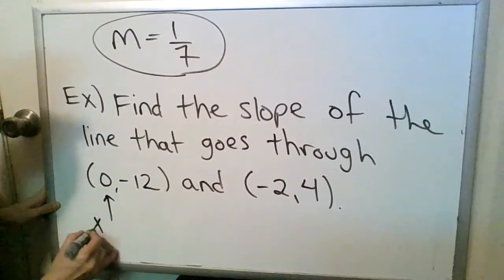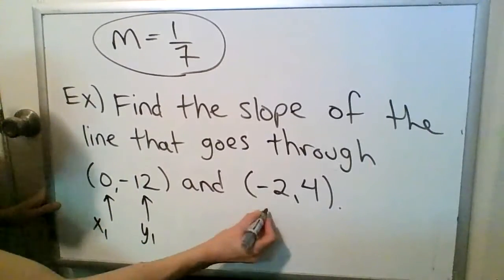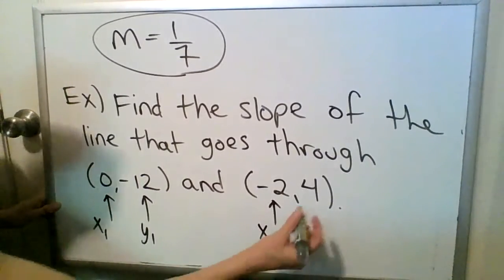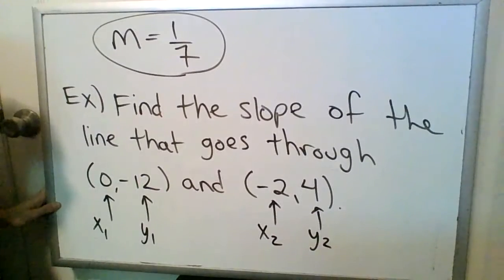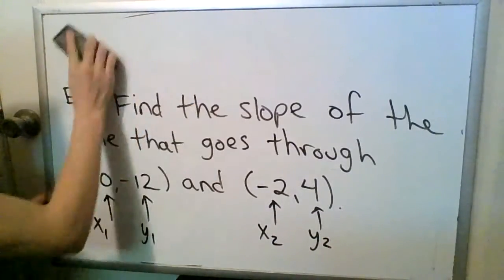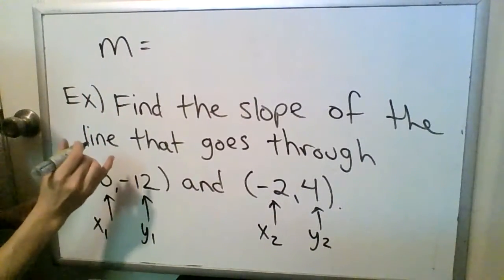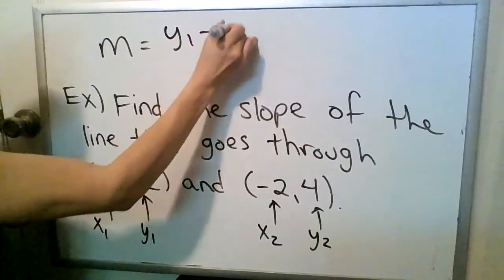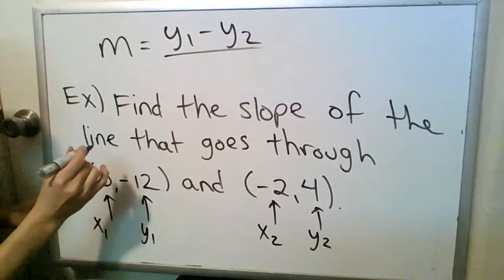Okay, here's x1, y sub 1, x sub 2, y sub 2. We're going to try the slope equals y1 minus y2 over x1 minus x2.